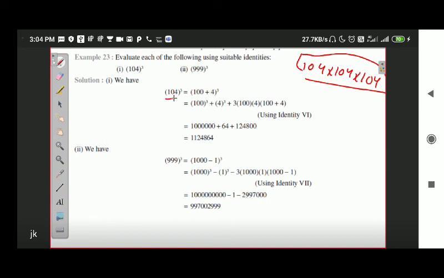You divide 104 into 100 plus 4. So it is (100 + 4) whole cube. Okay, you apply the formula of (a + b) whole cube and you will get the final result. Similarly, for 999, you change the shape of 999 as 1000 minus 1. 999 is nothing but 1000 minus 1. And once again, using the same identity, (a − b) whole cube, you determine the value of 999 cube.